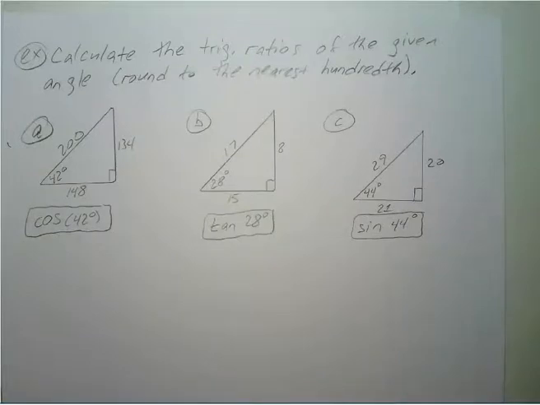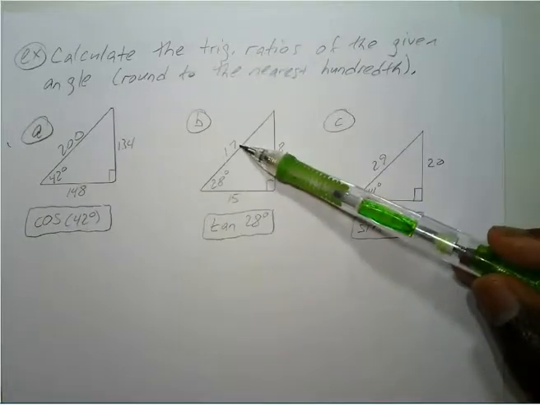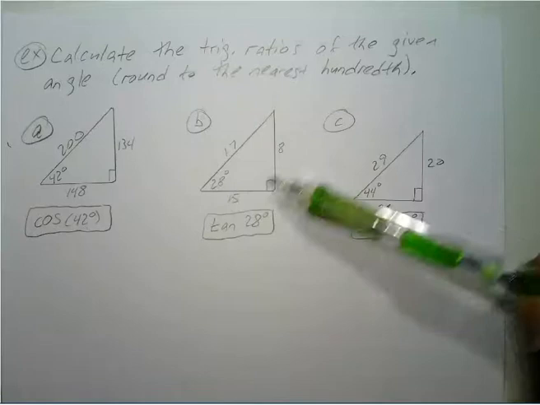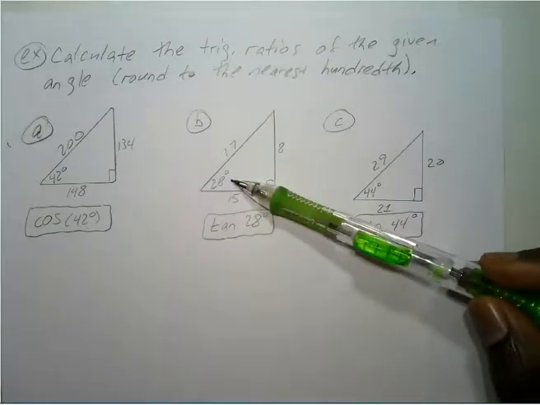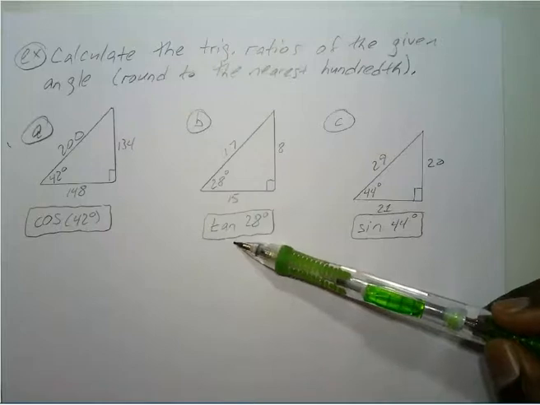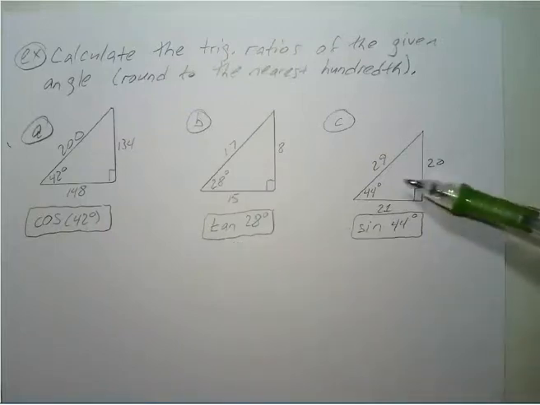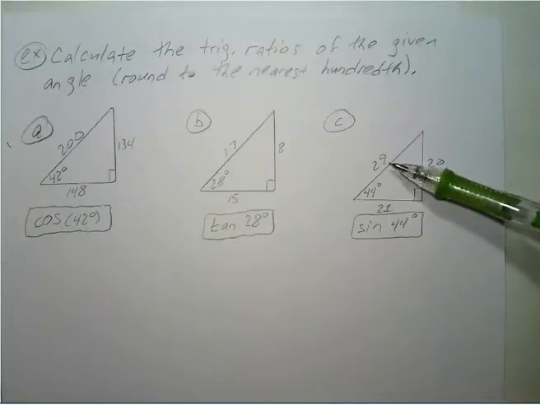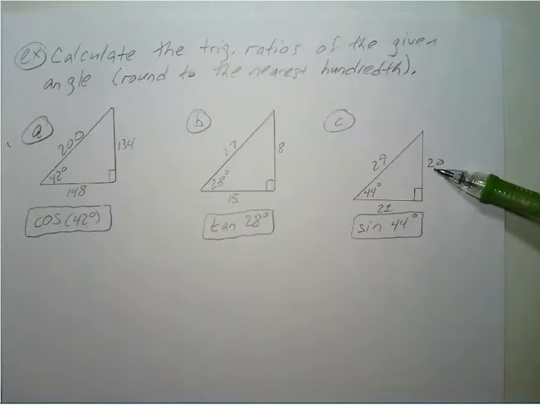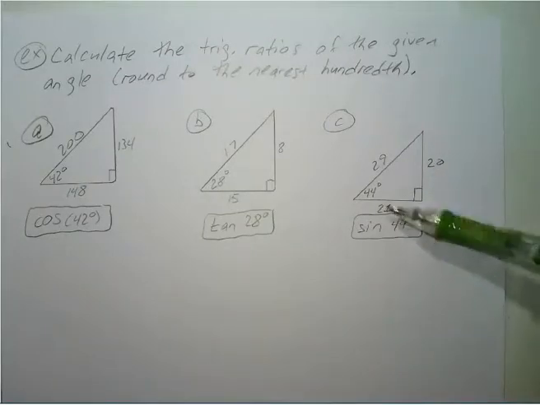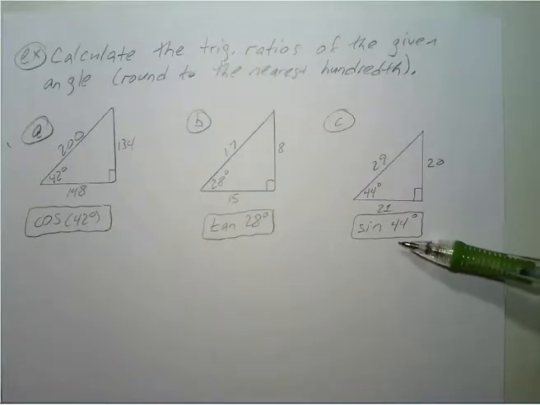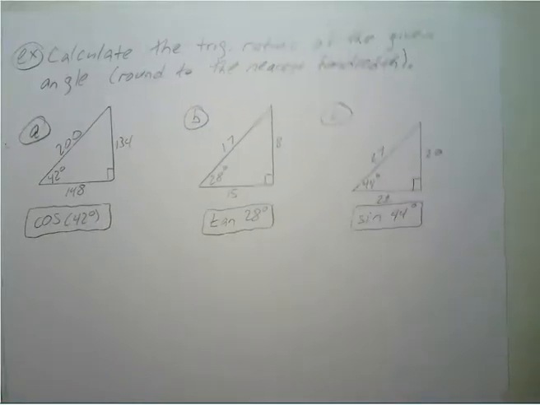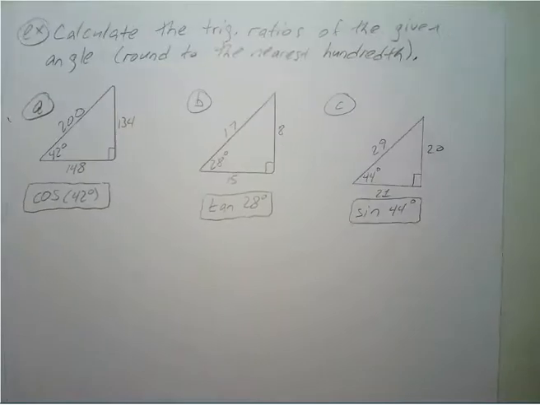For this one, we have our hypotenuse is 17, this side is 8, this side is 15. We have an angle of 28 degrees. So we want to find tangent of 28 degrees. And for this one, we have 29 for our hypotenuse, 20, and this side is 21, 44 degrees. And we want to find sine of 44 degrees. All right, let me straighten up the paper.